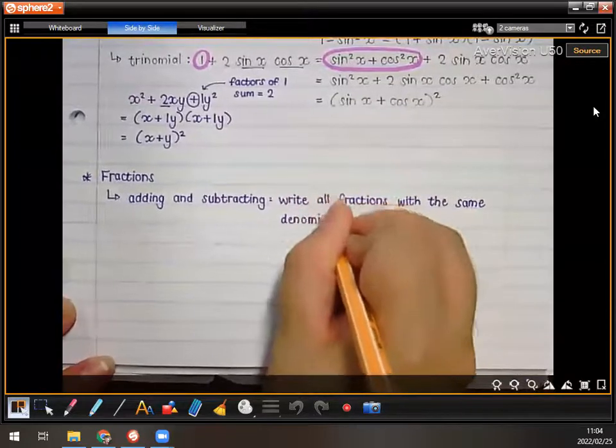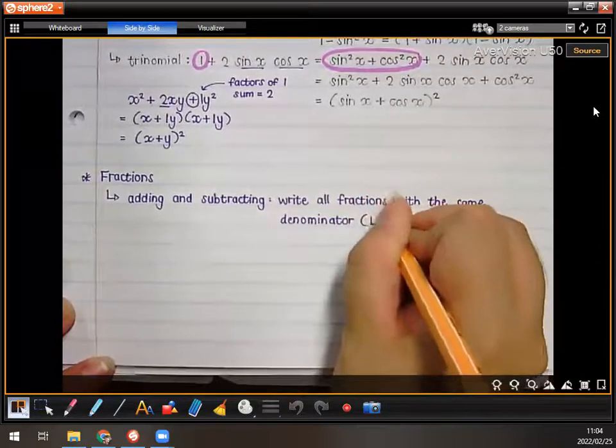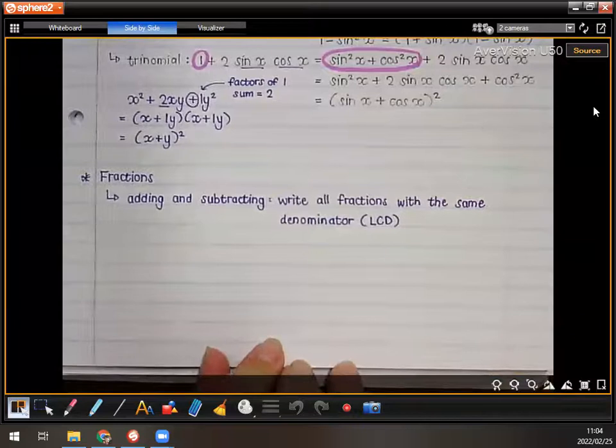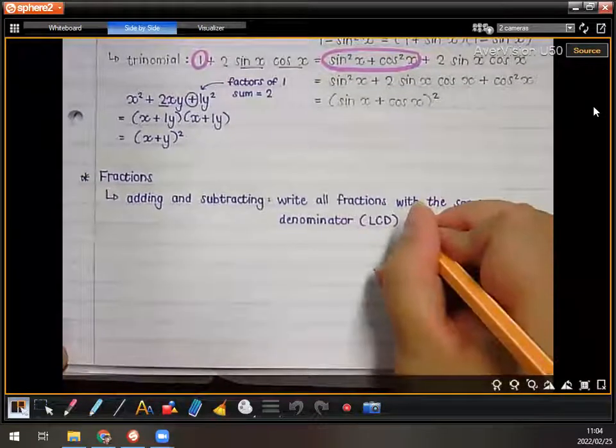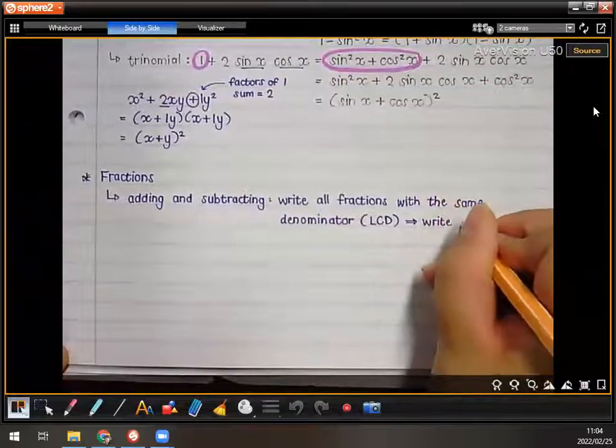So you need to find the LCD and make sure that you write all of your fractions over the LCD. And then you can put it together as one fraction. So if you are given separate fractions that you want to add or subtract, write them over the same denominator, and then write as one fraction.